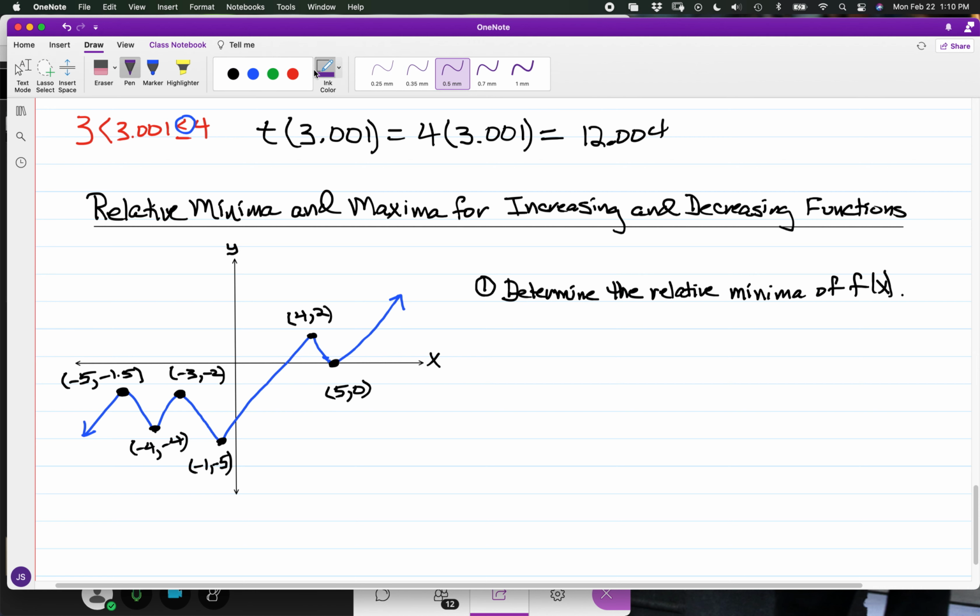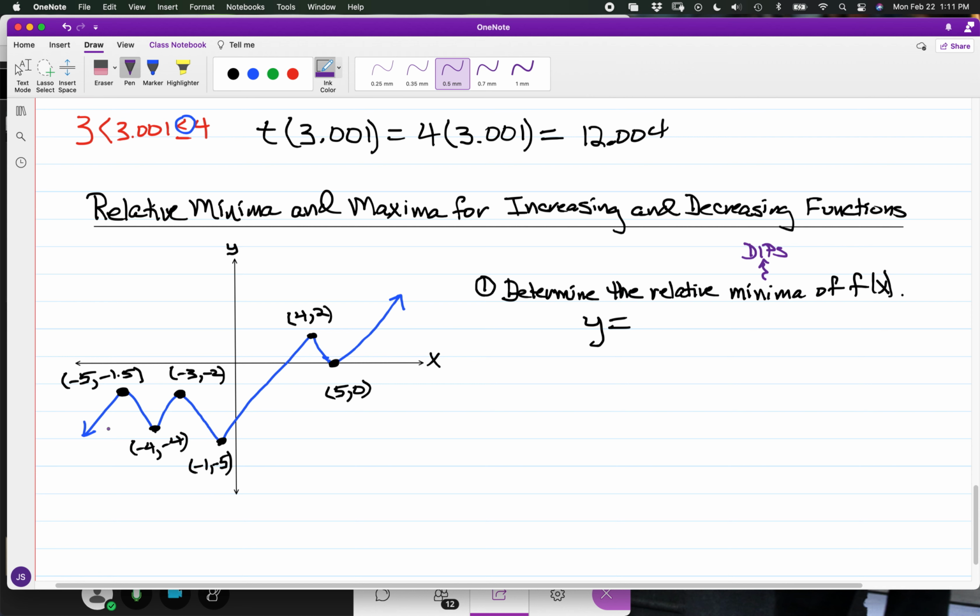For the relative minimum, you're looking at the y values of those particular points. You can just call those the minimum, conceptually the dips.